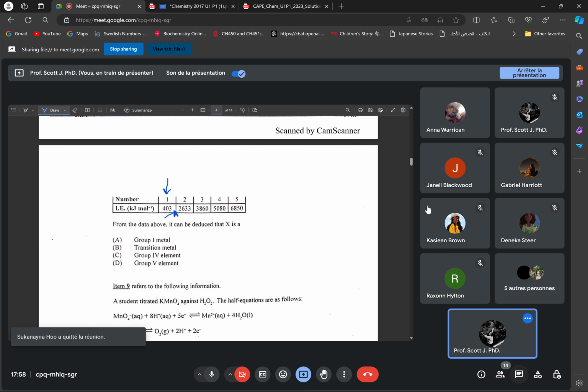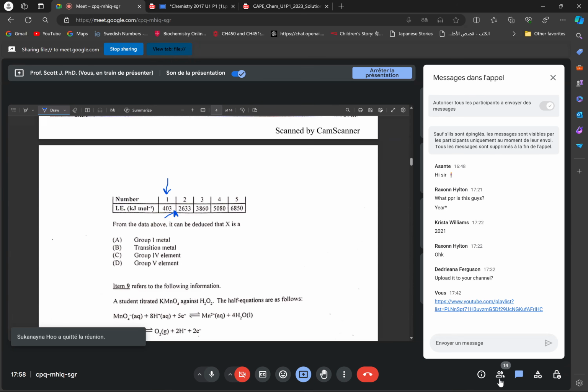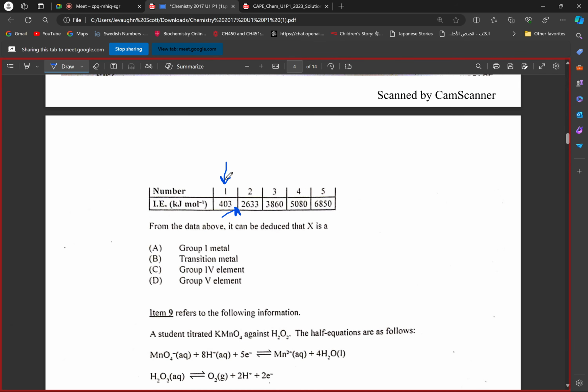I want to hear why we say it's transition. Because the trend is similar to the transition metals, but my general prognosis would be that this number is below the first ionization energy of all the transition elements. I would go with group one there.